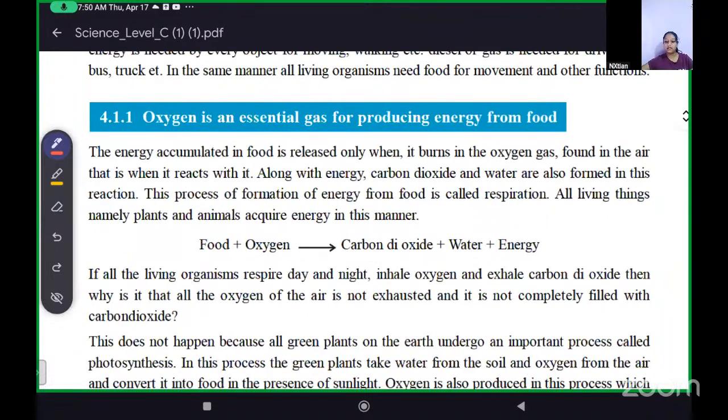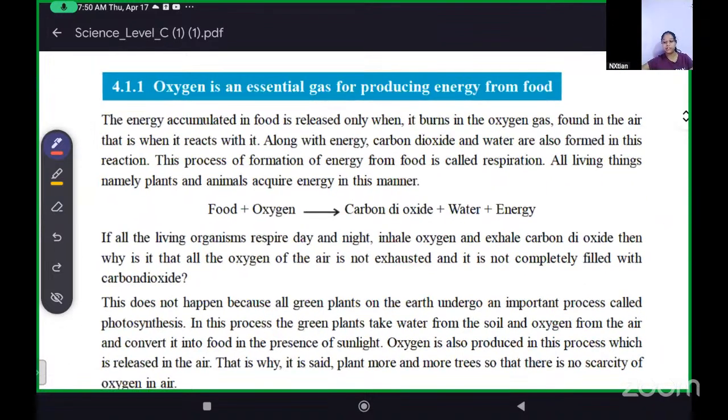Oxygen is an essential gas for producing energy from food. Now, when is the energy accumulated in food released? It's released only when the food burns in the oxygen gas found in the air, when it reacts with it. Along with energy, carbon dioxide and water are also formed in this reaction.